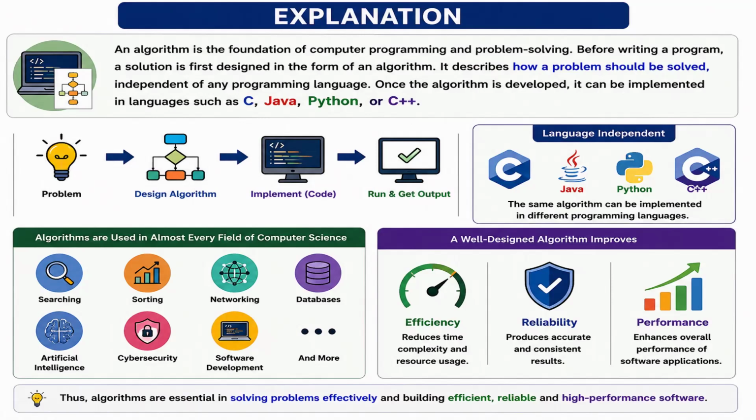Those things we can check in the algorithm only, and then we go on to implement it in programming. So first we write one algorithm, and after that we implement it in coding.